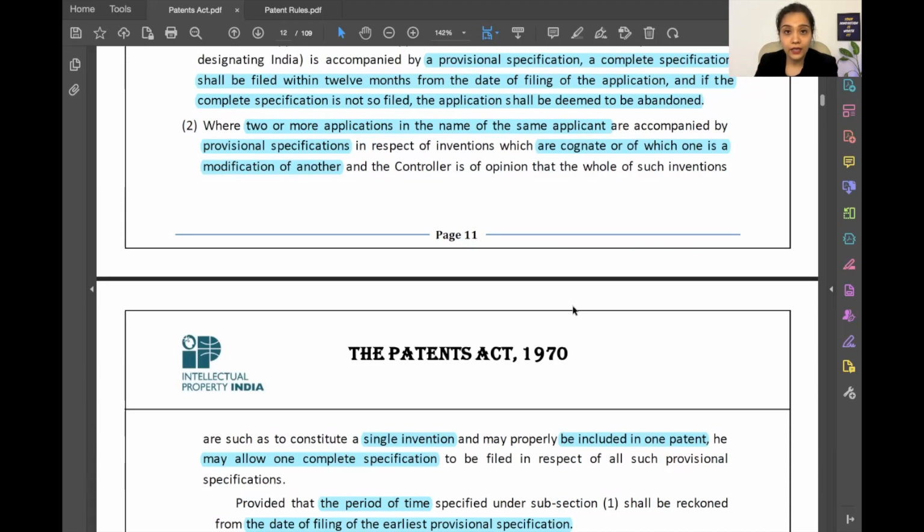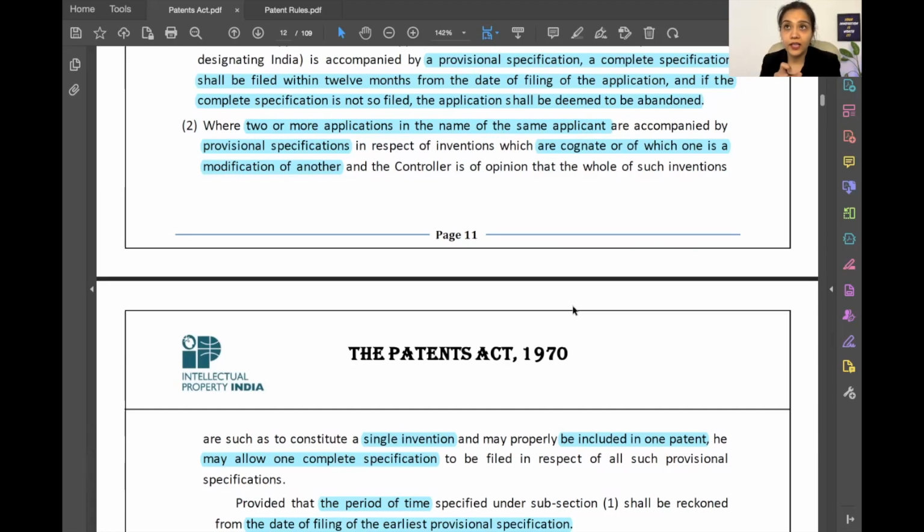So in that case, on these two applications, I can file one single complete specification, but that complete specification needs to be filed within 12 months from the earliest provisional application. So that is the earliest date of priority that we are claiming.